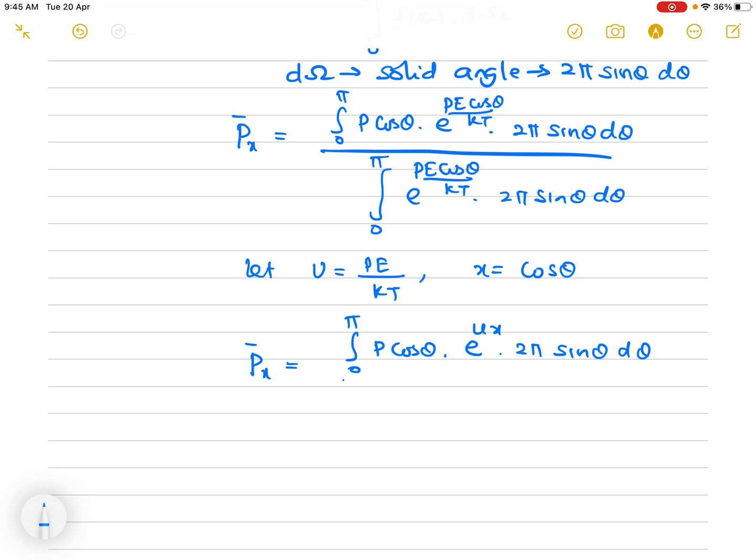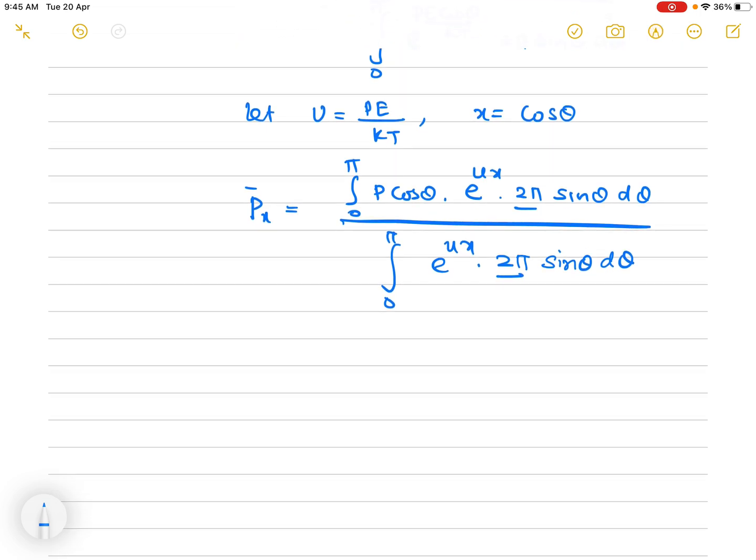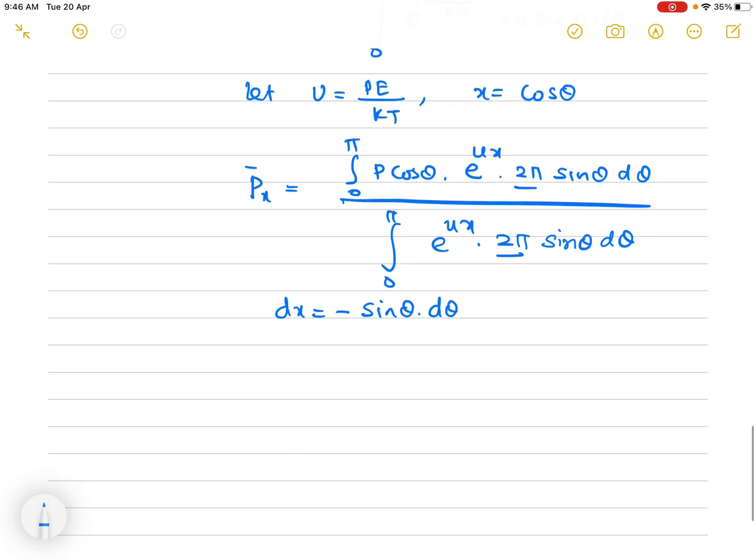So here the 2 pi cancel, and now we assume that x is equal to cos theta, then dx is equal to minus sine theta d theta. The lower limit is theta equal to 0, x equal to 1. The upper limit is theta equal to pi, when x is minus 1.